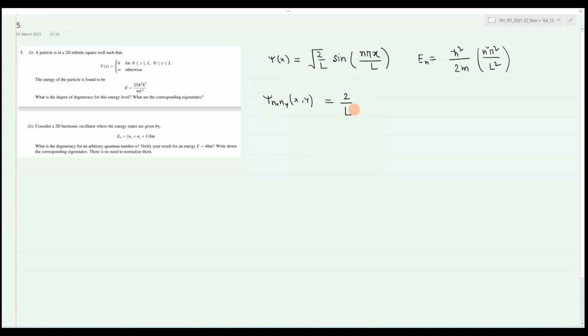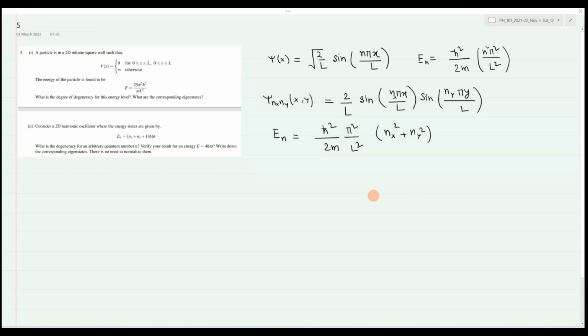So it will become 2 by L sine of nx pi x by L times sine of ny pi y by L. Okay, this will be the wave function if it is in 2D, and the energy corresponding to it will become h cross square by twice m, pi square by L square, nx square plus ny square.